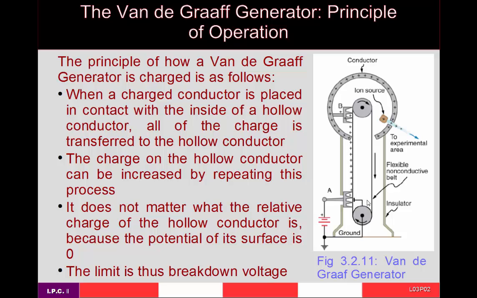The way that this thing actually works, though, is as follows. We have basically a grounded wire here. We have a voltage source which charges a comb, which touches a conveyor belt. And the conveyor belt runs around two different wheels on either end.